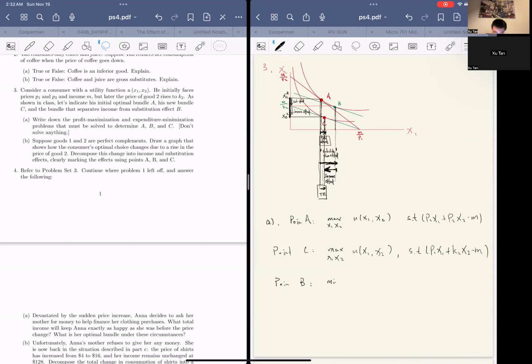So we'll have a min of x1, not min of x1, what am I talking about? Let me just double check. Okay, yeah, it is min over x1, x2.